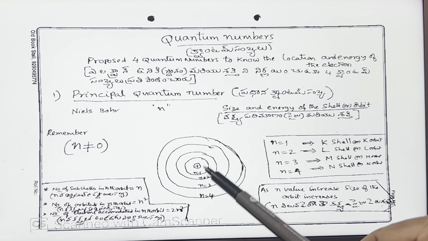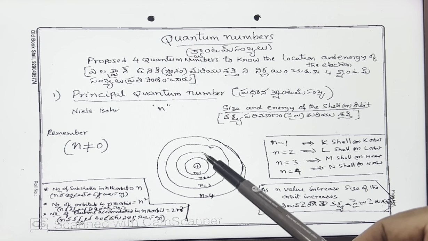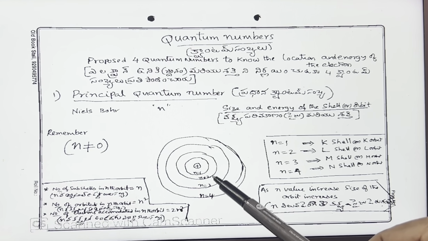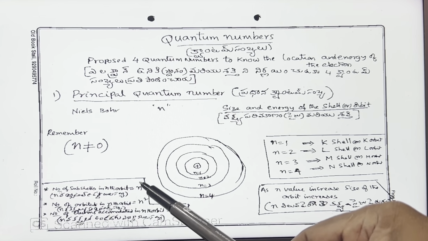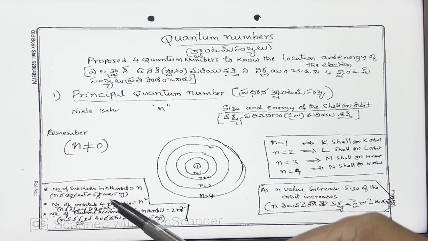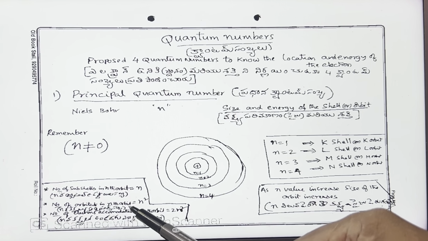For example, the first shell contains one subshell, s; the second contains s and p; the third contains s, p, d; the fourth contains s, p, d, f. So, the number of subshells in an orbit is equal to n. The number of orbitals present in the nth orbit is n square.